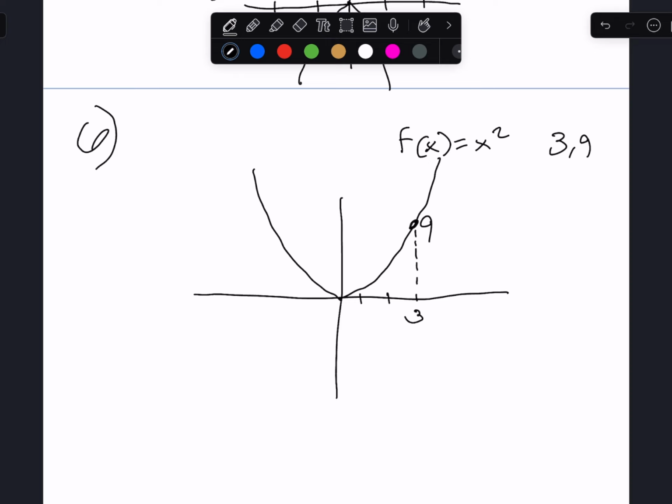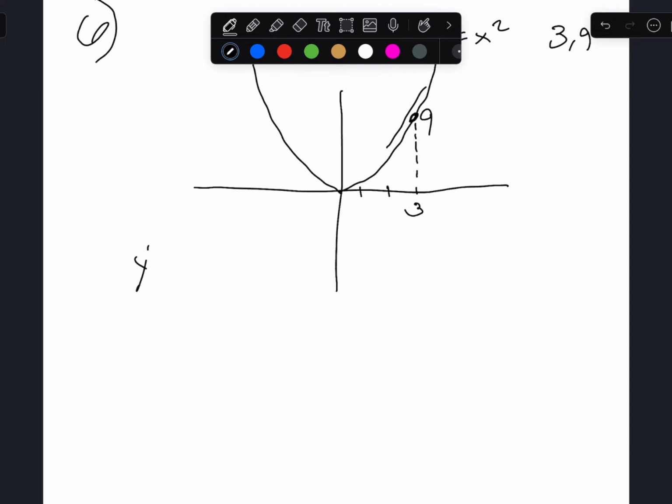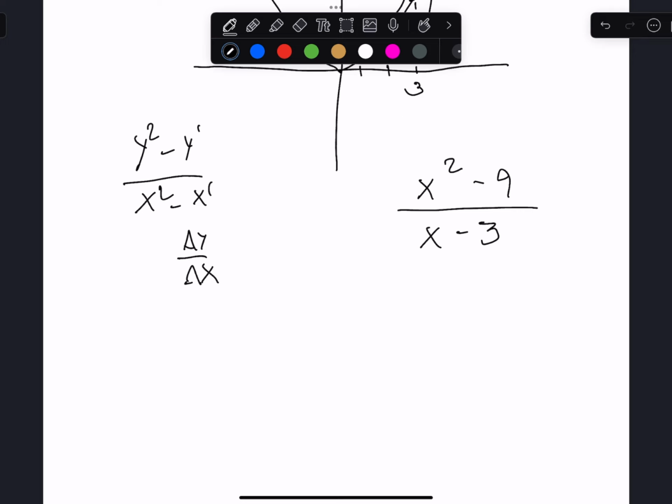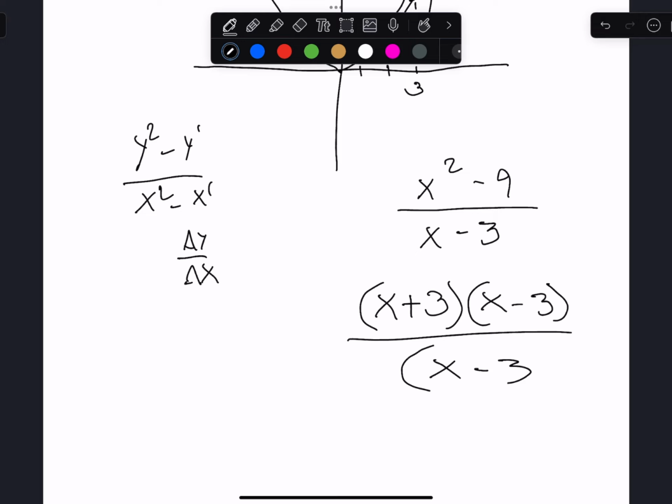Now, we are also trying to find the slope of the tangent line. So, we're going to use our slope formula, which is y2 minus y1 over x2 minus x1, or delta y over delta x. So, we simply input our values, x squared minus 9 over x minus 3. This can be broken down into x plus 3 times x minus 3 over x minus 3.